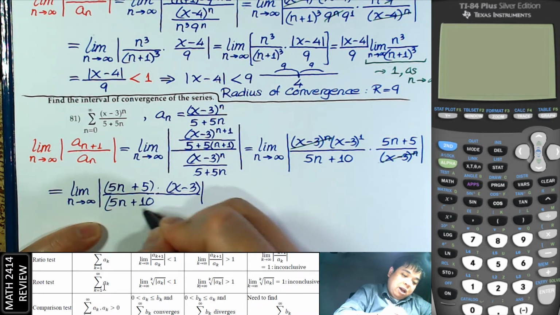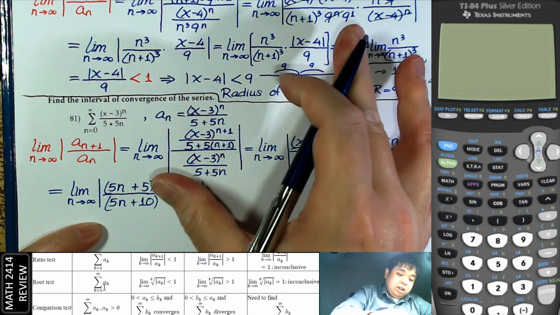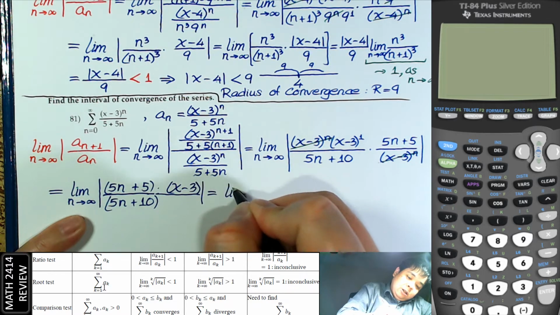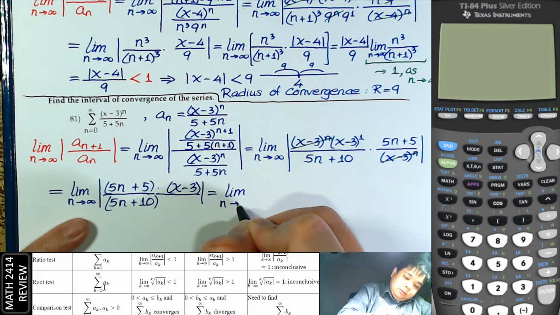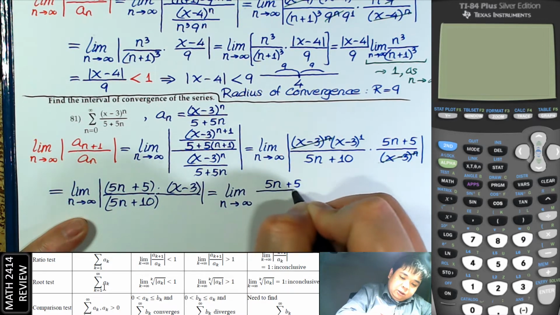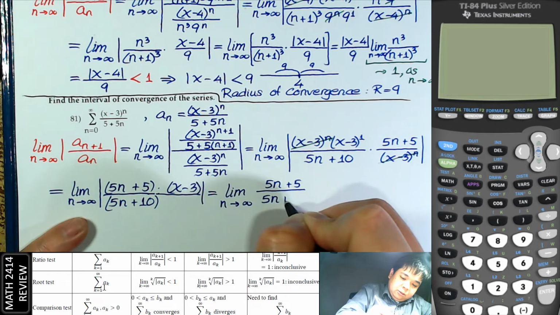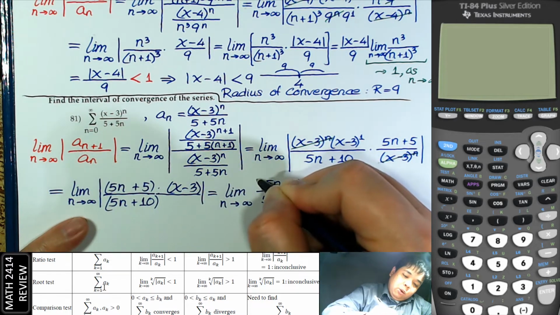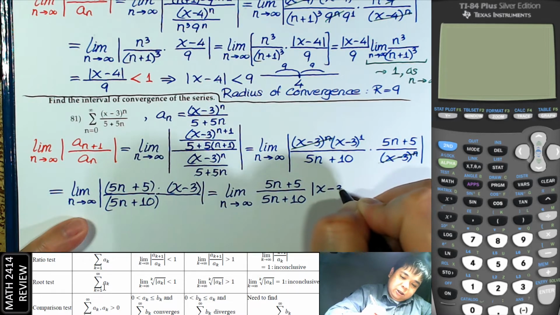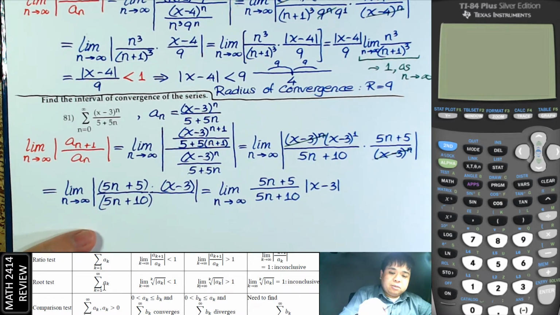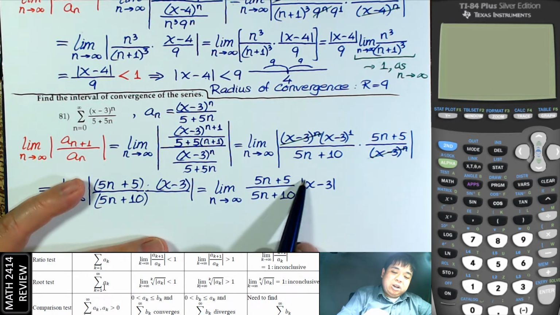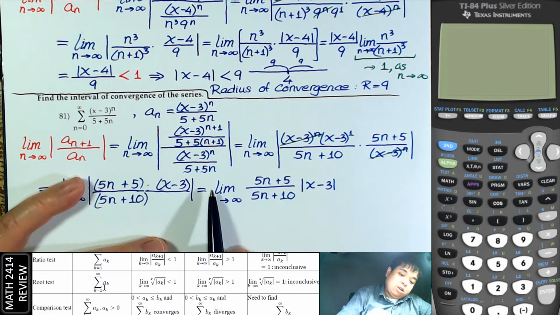The 5n plus 5 and 5n plus 10, as n goes to infinity, are positive. We don't really need absolute value for that. We only need the absolute value for x minus 3, and that is a constant. By constant, I mean this x minus 3 does not have n in it, so we can take it outside of the limit.